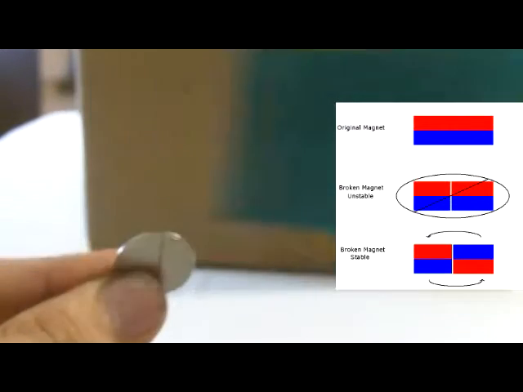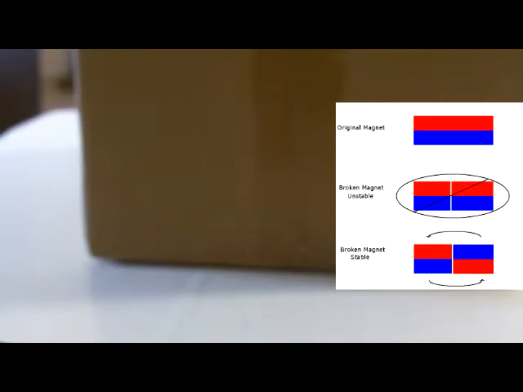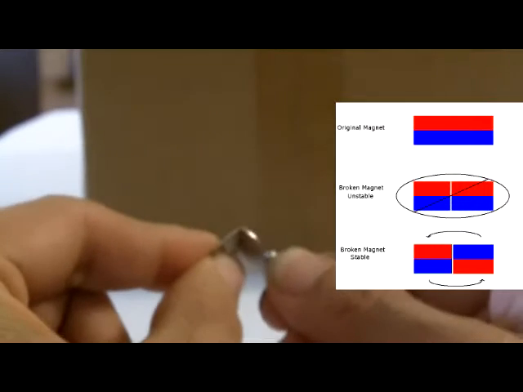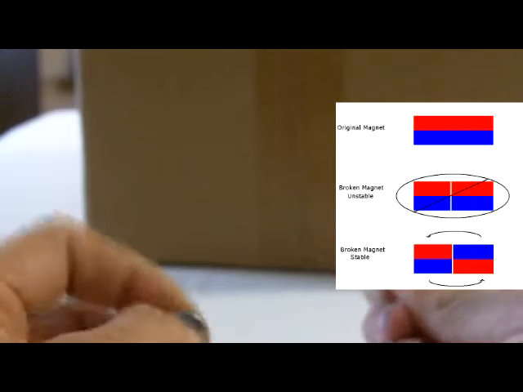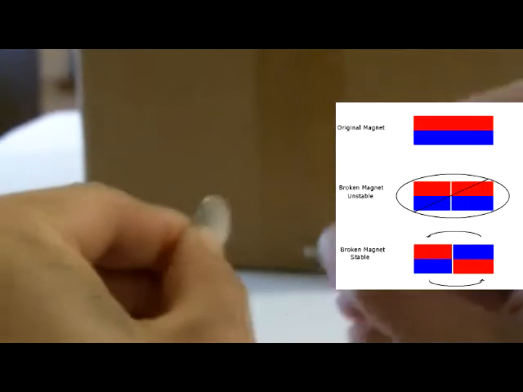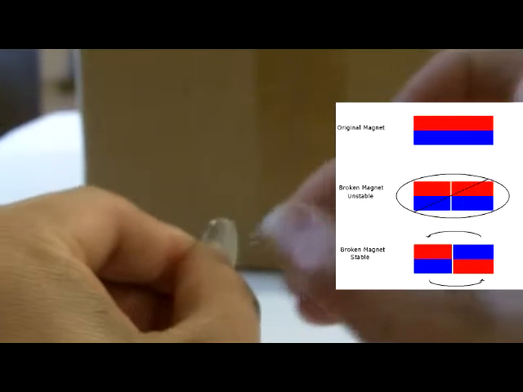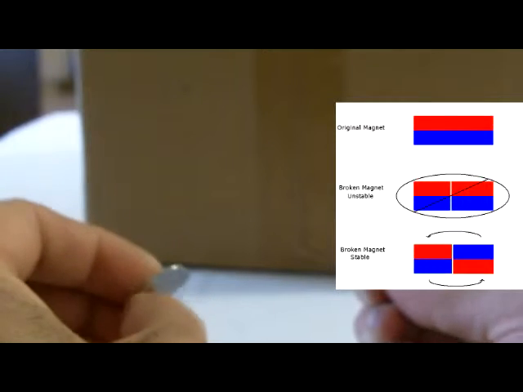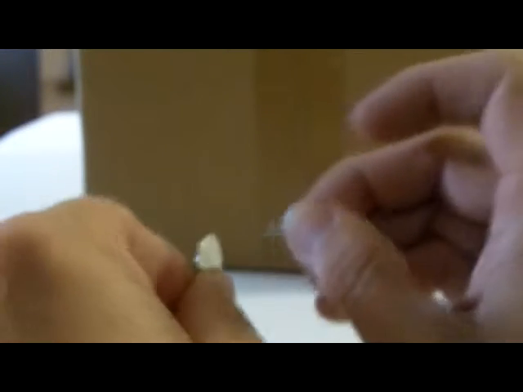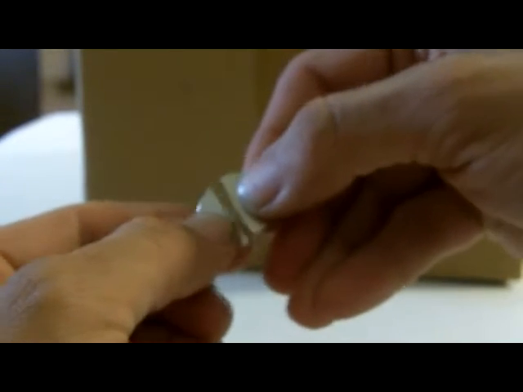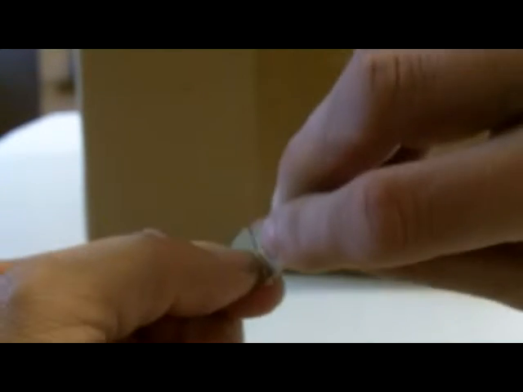The two halves can only be put back together side by side with opposite polarities, or they can be stacked. But in order to make a single flat magnet, they have to be put back together with their opposite polarity side by side. When you try to stick it back the way it was originally, it will not work.